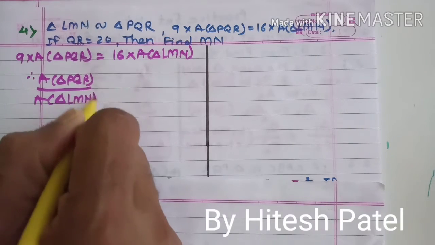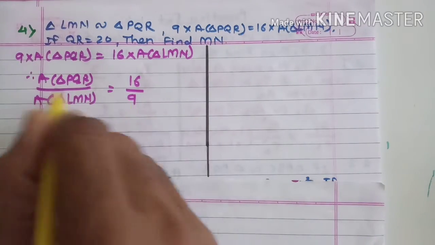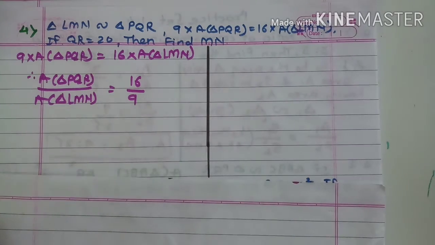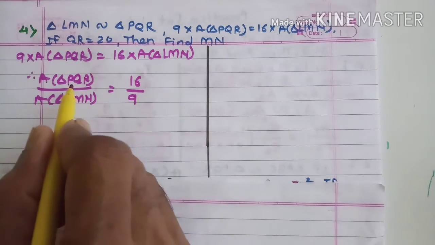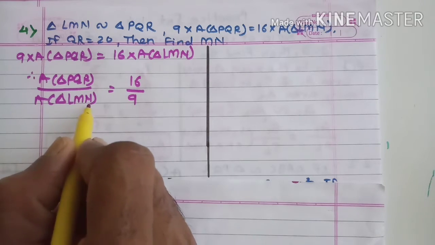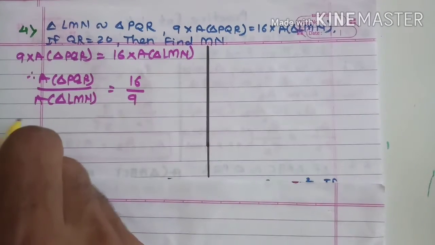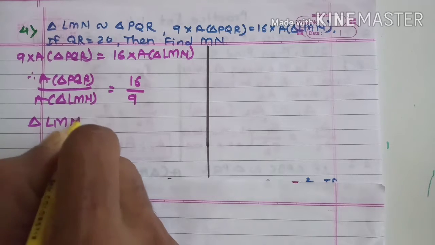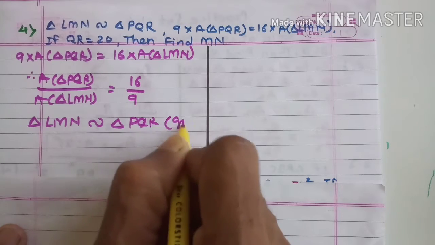Now find the ratio of area of triangle PQR to area of triangle LMN, which is equal to 16. Take 9 to the right hand side, so it goes in the denominator, 16 upon 9. So area of triangle PQR to area of triangle LMN is 16:9. Now triangle LMN is similar to triangle PQR, that is given.